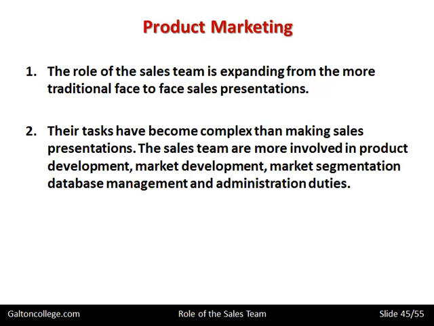So their task has become more complex than making sales presentations. They now are involved in painting the bigger picture so the business can make decisions about the area and about its presence in that market.